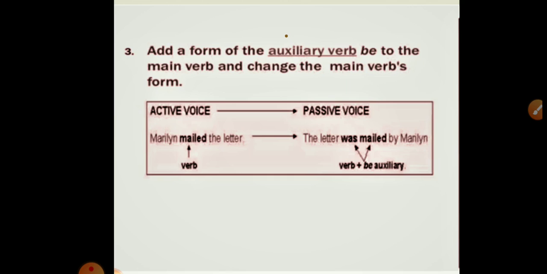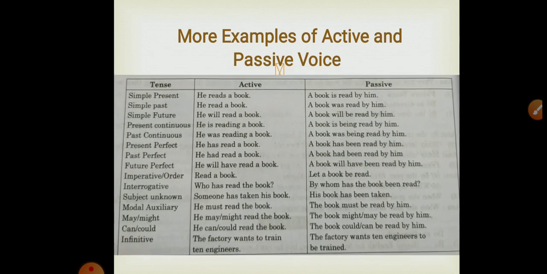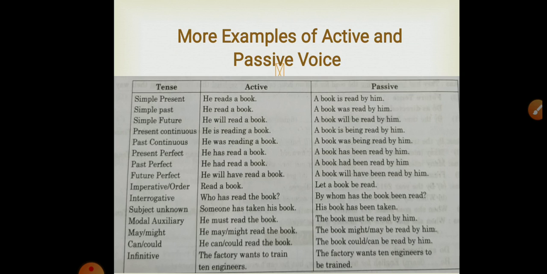If the sentence is in simple present, for example, he reads a book, then we have to make changes in the verb. In he reads a book, he is the subject, reads is the verb, and a book is the object. We have to swap the places of subject and object.